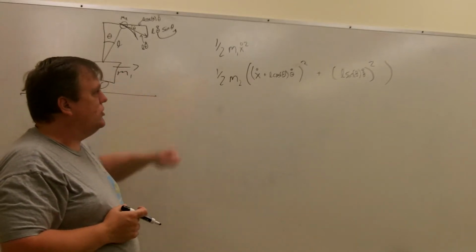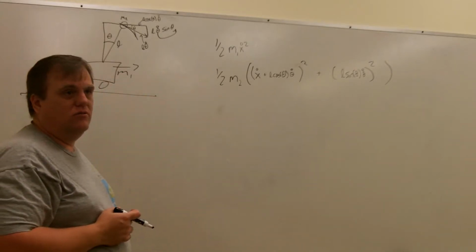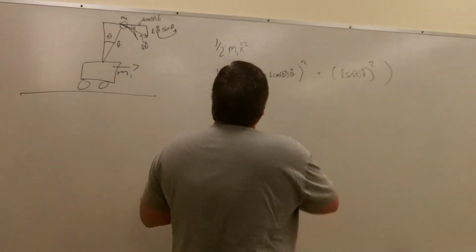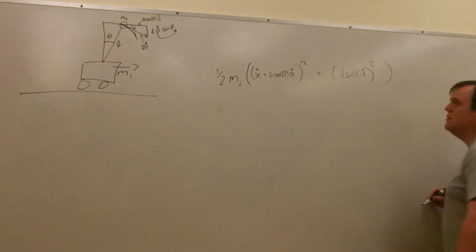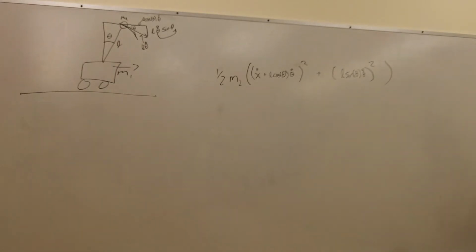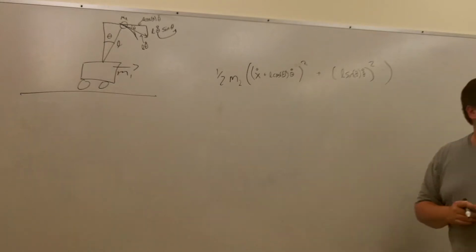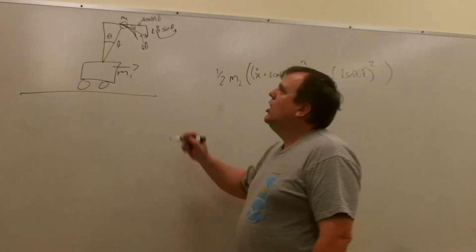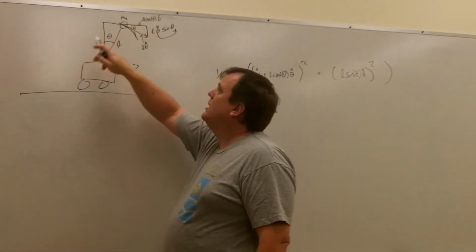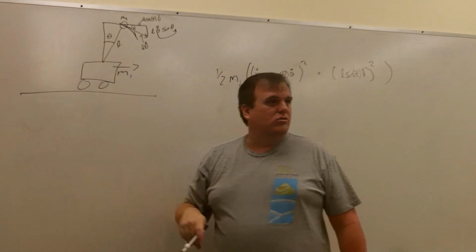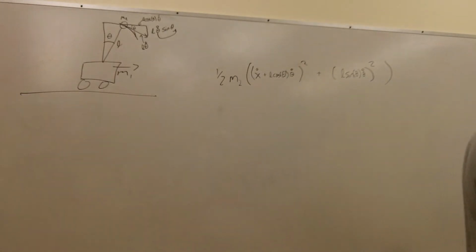Okay, do we agree this is my kinetic energy? All right, any potential energy in this system? Sure. The ball falling, so this is the only thing that has any potential energy at all. What height is it? L minus L sine theta?